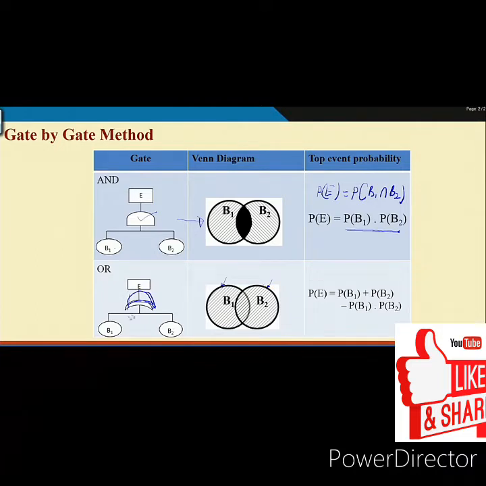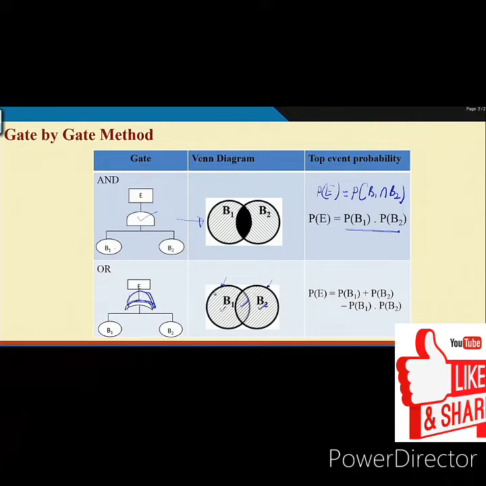If I say that either B1, B2 or both will occur, then this overlap portion and the non-overlap portions, all portions. So, the probability is the non-overlap portion of B1, non-overlap portion of B2 plus the overlap portion.